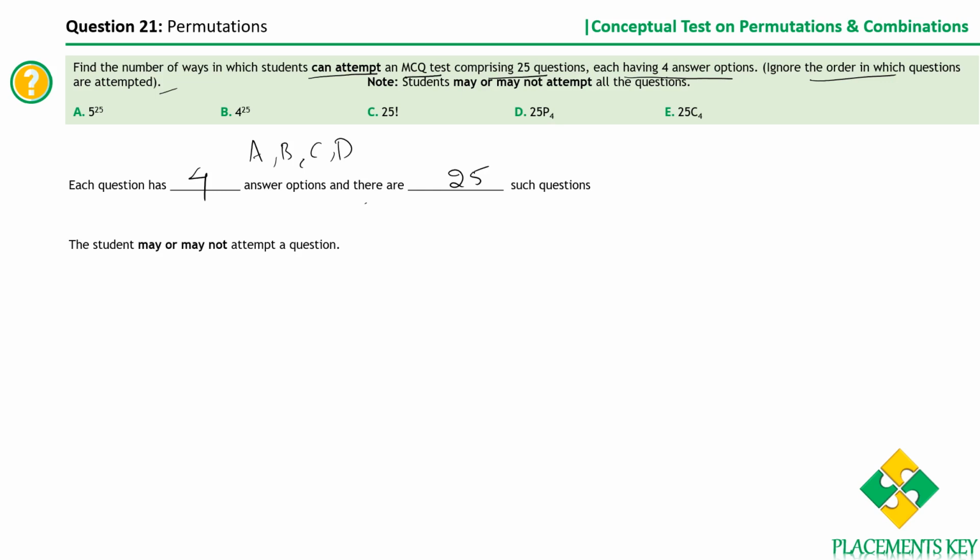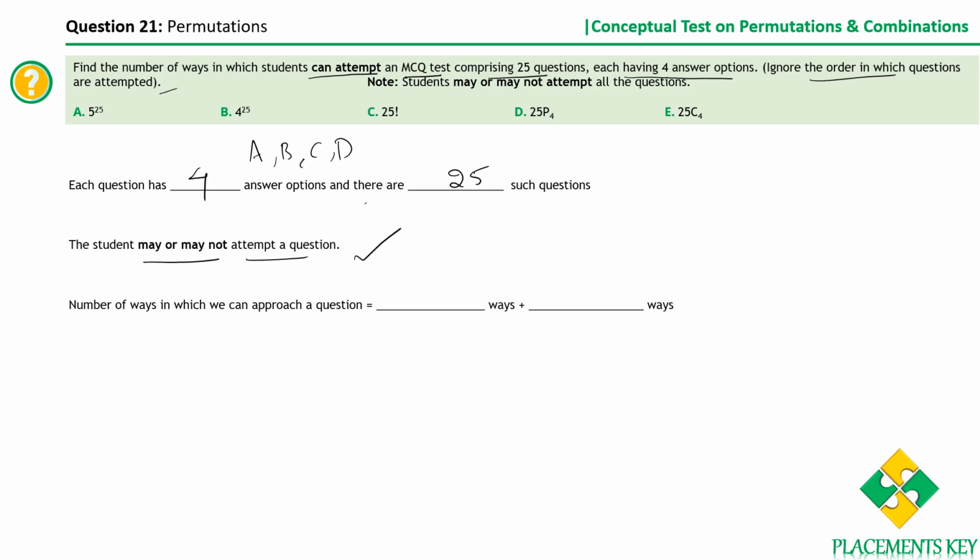Now it's clearly given that the students may or may not attempt a question, because that's what happens, right? There is no compulsion that they have to attempt all the questions. So a question can be approached in how many ways?